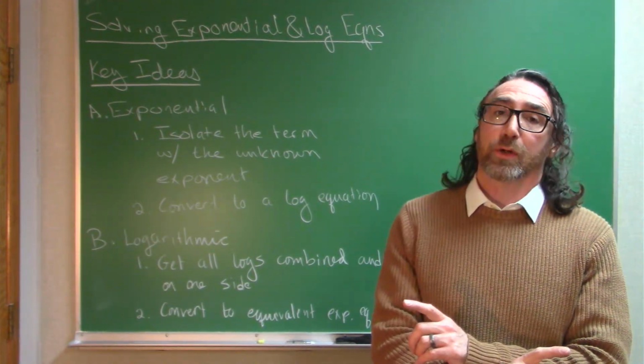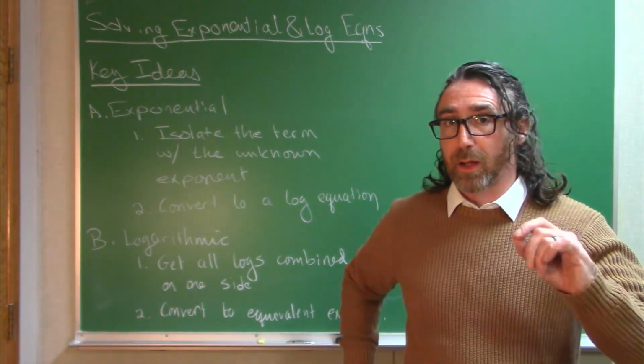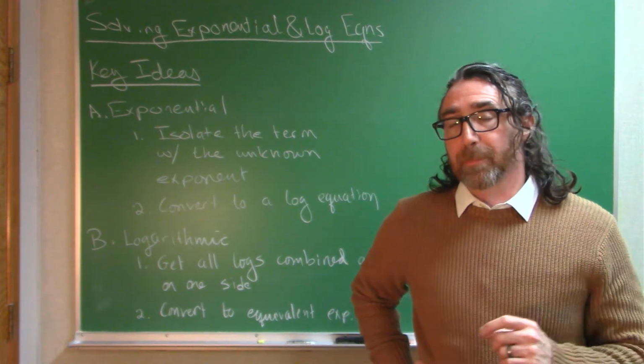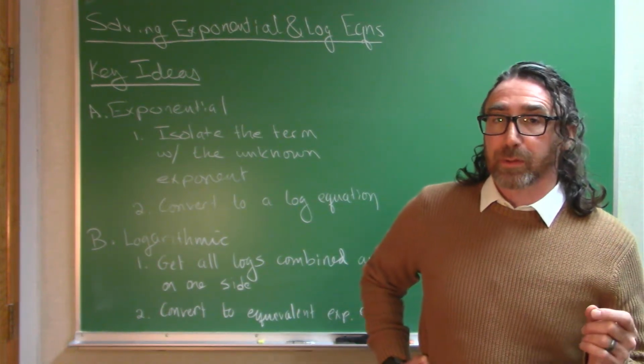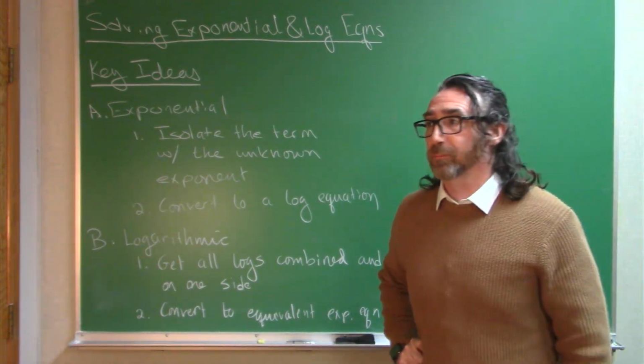So you might want to go back and look at the first video we did on logs to refresh your memory on how to convert between an exponential equation and the equivalent logarithmic equation.